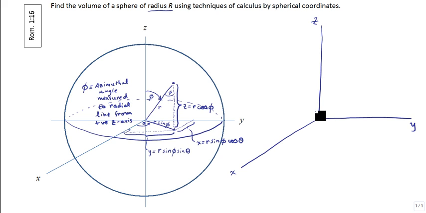So once again, we have some radial length r. From the z-axis we could denote this as our azimuthal angle phi, and that would mean that this little angle in here is d phi.